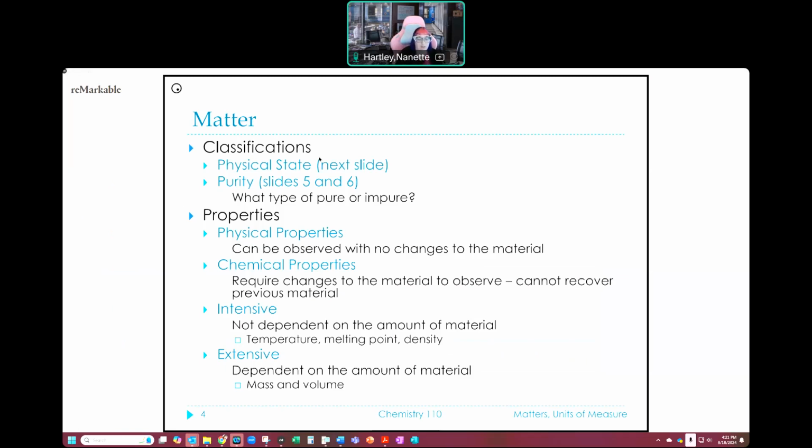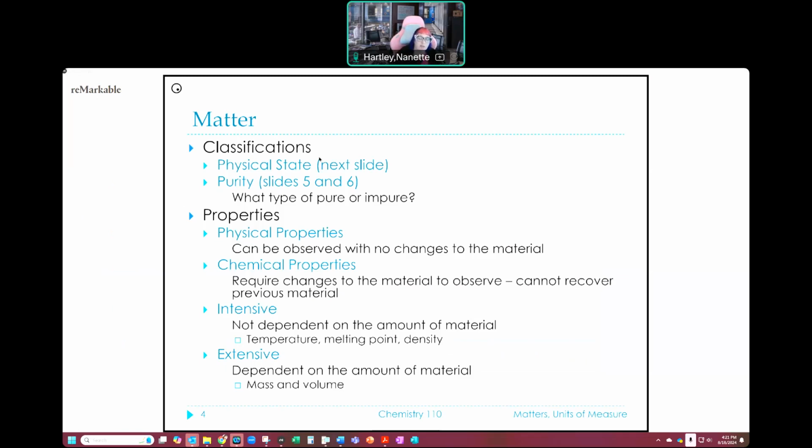Okay, when we talk about extensive properties, those are dependent on how much of that material I have. So we often don't just talk about gold. We talk about how much gold do I have? Well, I have a mass, I have a volume, I have a specific amount of that gold that we're dealing with. For chemistry, that's very important.